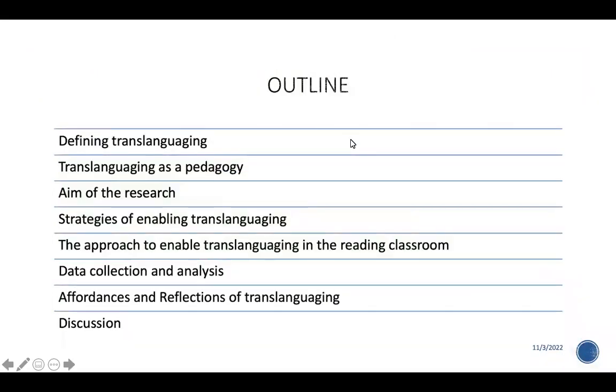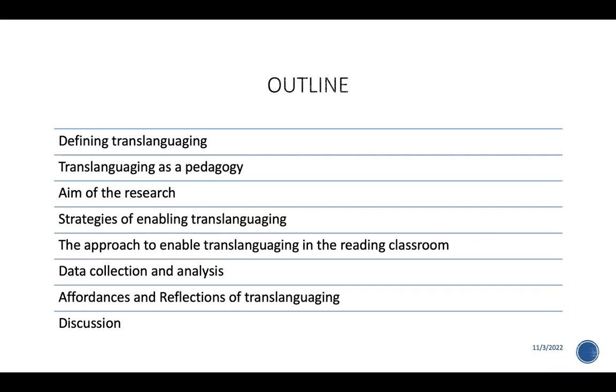Okay, so I'll start by defining translanguaging. I know that most of the people in this room know what translanguaging is, but if not, I just wanted to start with it. I'll be talking about translanguaging as a pedagogy and the aim of my research, the strategy of enabling translanguaging per se, and the approach that I have followed to enable translanguaging in the reading classroom.